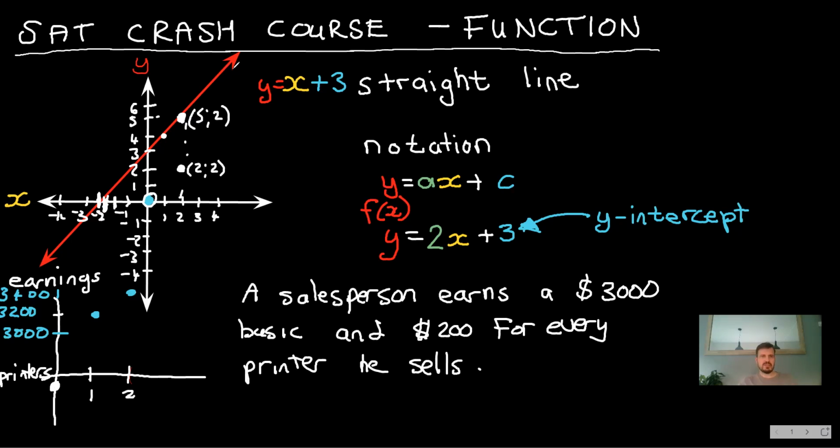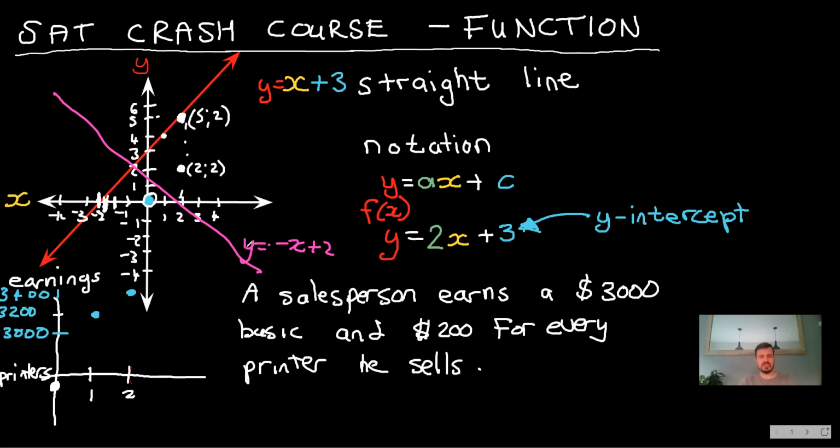The reason they do that is because say I had another function. I'll draw it in pink like that. Say that's y equals, I don't know, negative x plus 2. I need to distinguish between the pink one and the red one by what it's called.